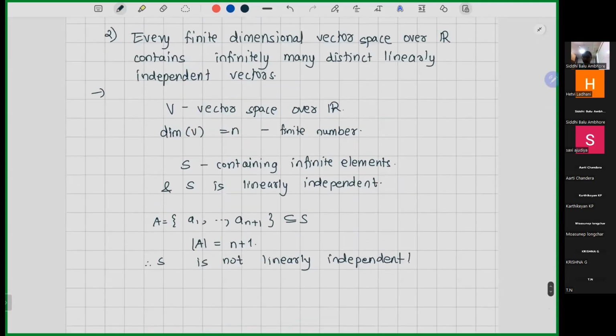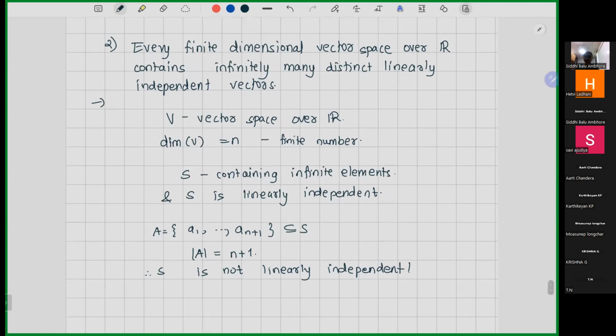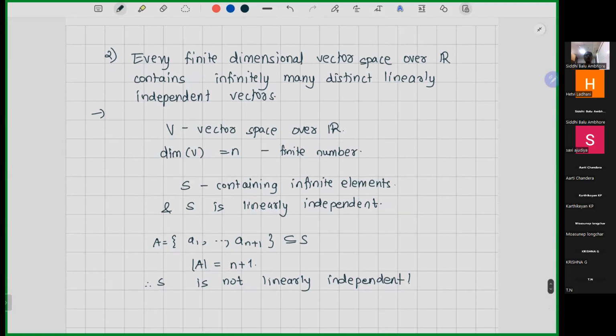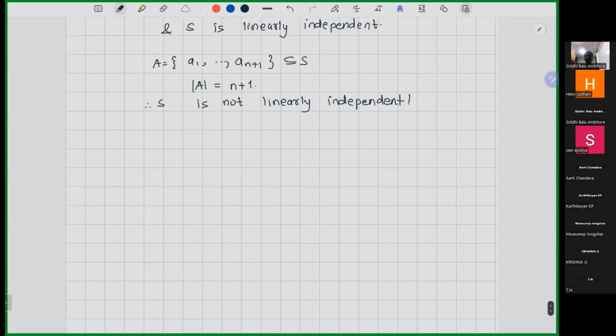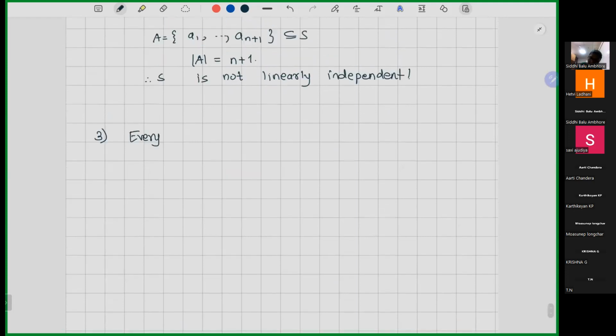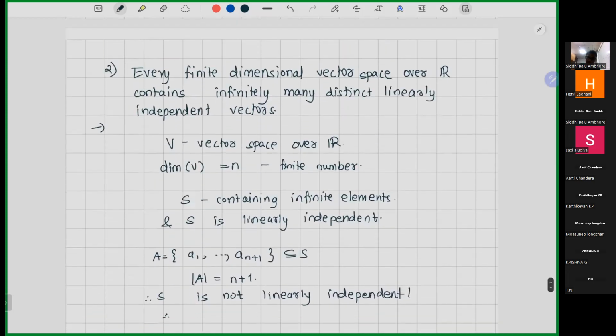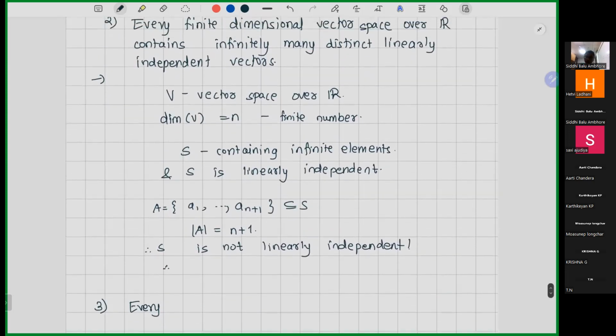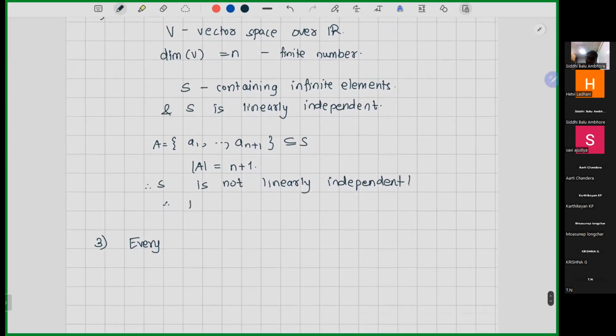All these statements, that cardinality greater than the dimension makes the set dependent, are proved in the lecture, and you can go through the notes, where they are written nicely. So this statement, that every finite dimensional vector space over R contains infinitely many distinct linearly independent elements, is false.